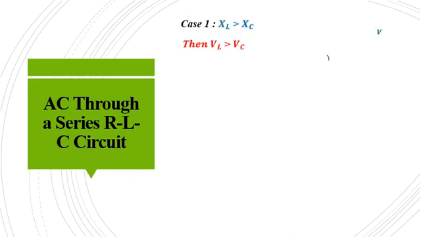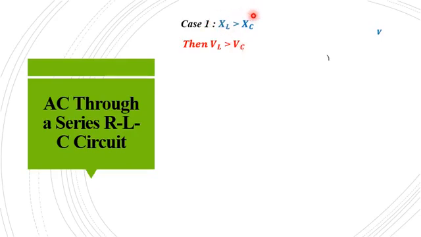So consider the first case where XL is greater than XC. That means the inductive reactance is greater than the capacitive reactance. So when XL is greater than XC, then VL, the voltage across the inductor, will be greater than Vc, the voltage across the capacitor, because VL equal to I into XL and Vc equal to I into Xc.